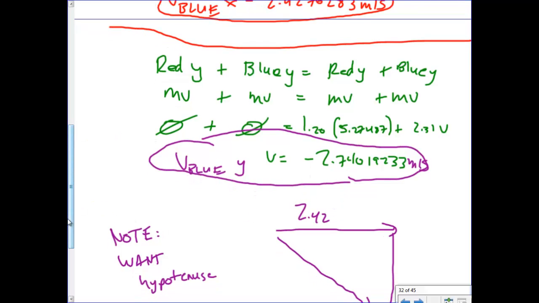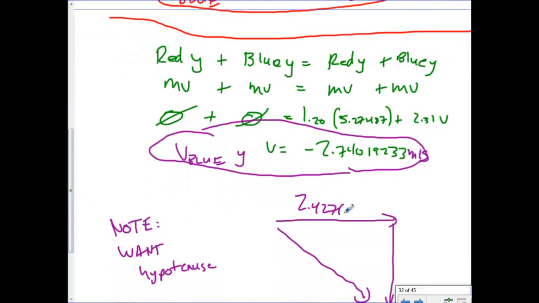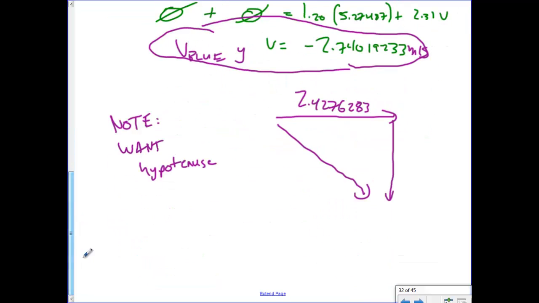This is 242.76283. The fact that this guy is negative is really not that relevant. It's just negative because he's going down. 274.019233. So c squared equals a squared plus b squared. So I need that number squared plus that other number squared. Square root the whole thing. I got 366.